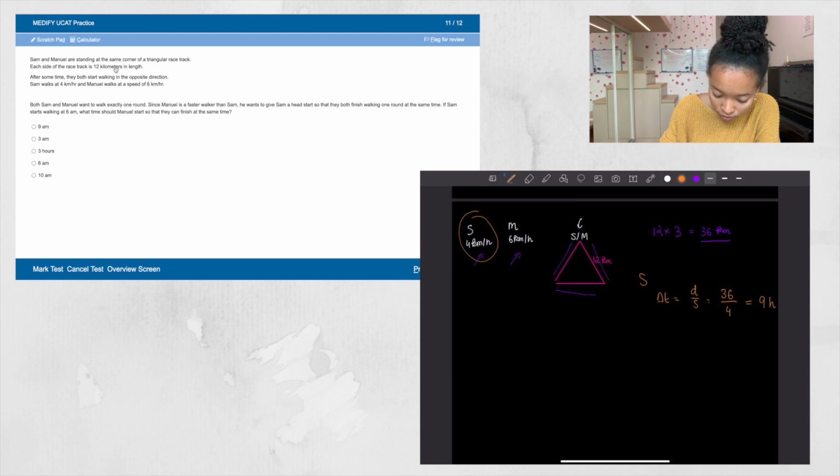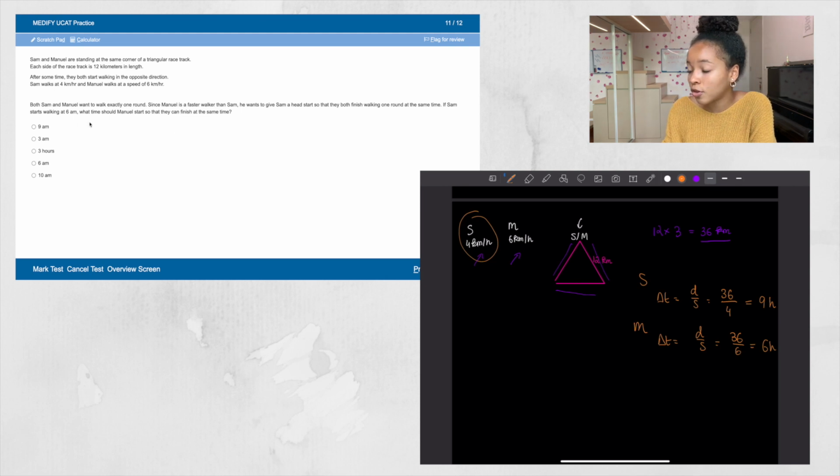So that's 9 hours. Then for Manuel, we do the same calculation, distance over speed, 36 divided by 6, and that would give us 6 hours. And so they tell us that Sam starts walking at 6 a.m. What time should Manuel start so they can finish at the same time?